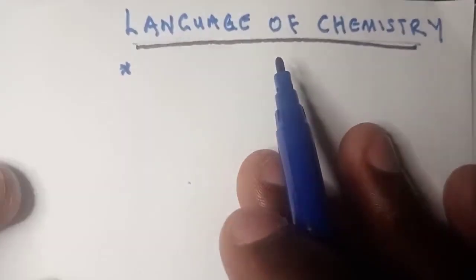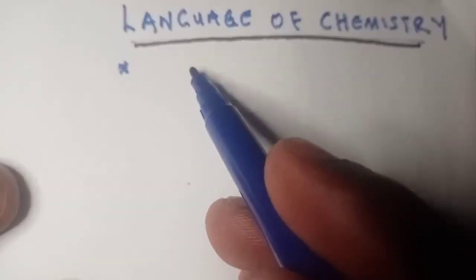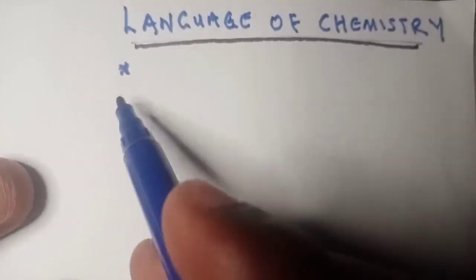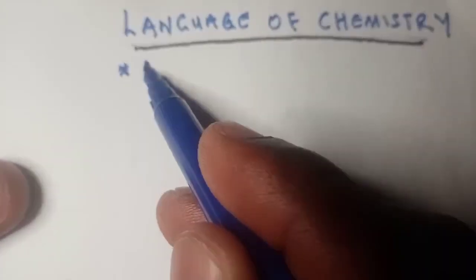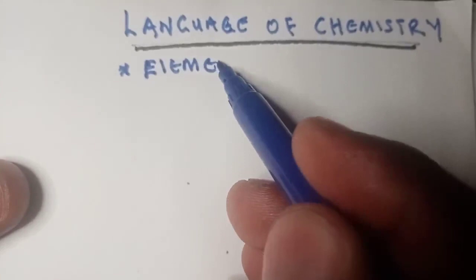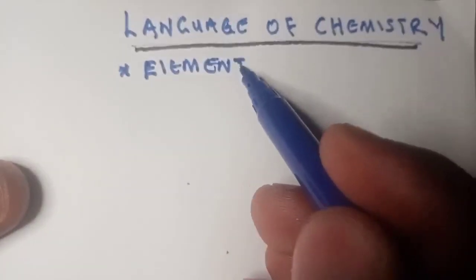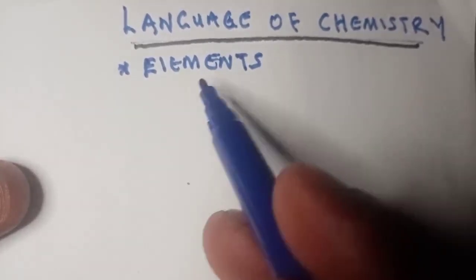Before we begin this video, we have a number of things. Under the language of chemistry, let me give you some of the things that you have to know. You need to know what elements are, not only knowing them but also giving examples.